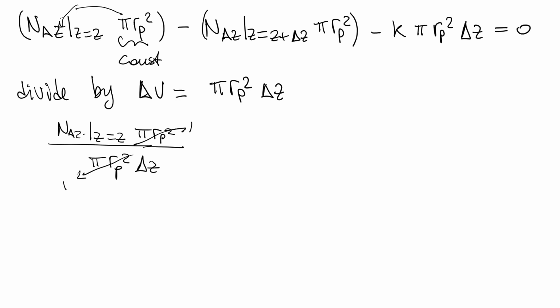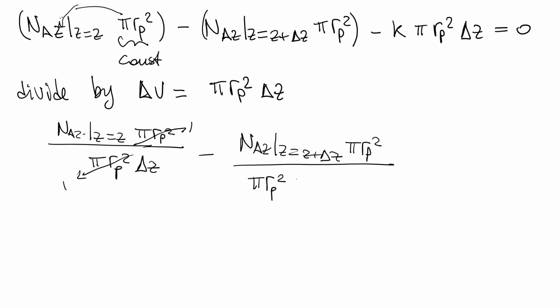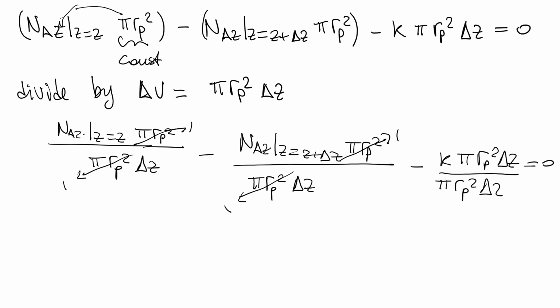but the delta Z remains, minus NAZ at Z equals Z plus delta Z pi RP squared divided by pi RP squared delta Z. So pi RP squared cancels out too, minus K pi RP squared delta Z equals 0 divided by pi RP squared delta Z. So here everything cancels out and only K remains.